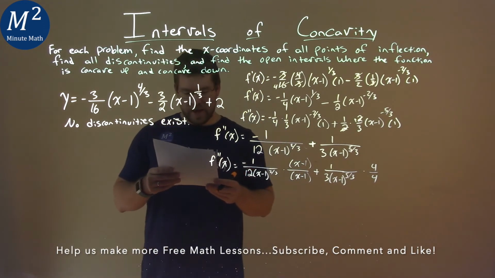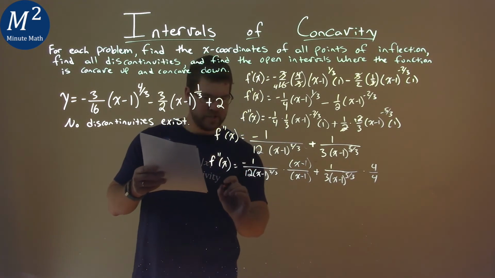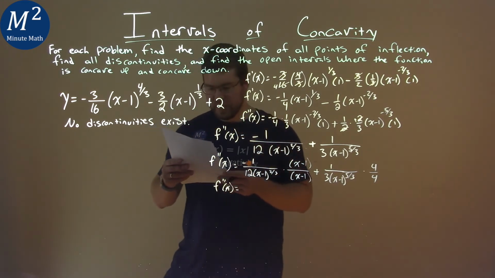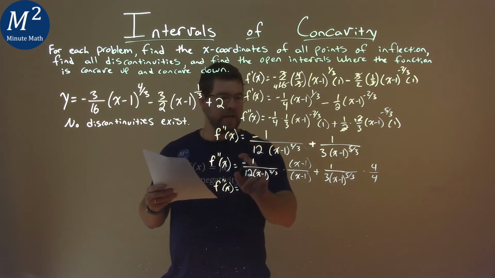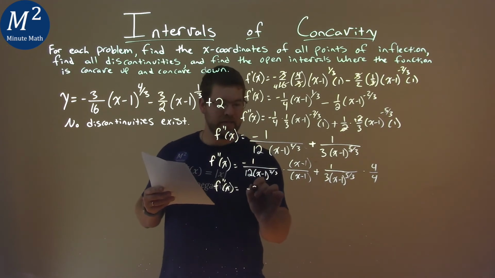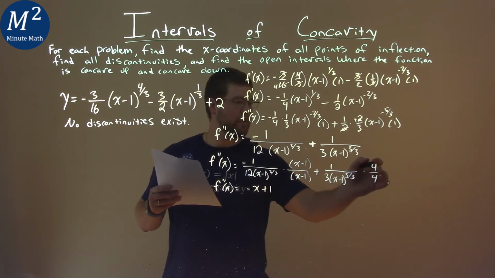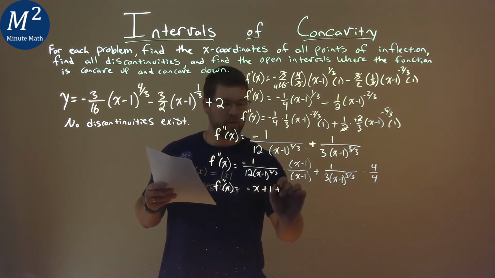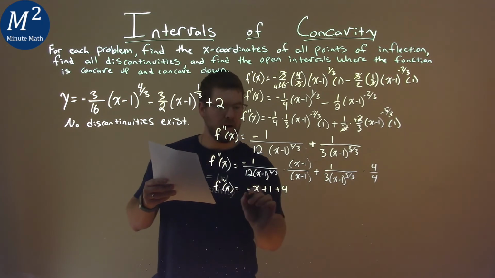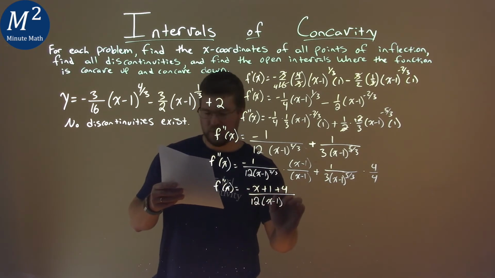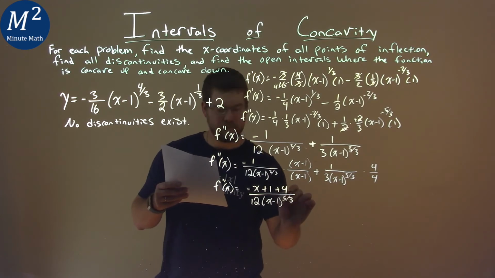So we can write this as one big old fraction now, f double prime of x here. And that comes out to be negative 1 times x is a negative x. Negative 1 times a negative 1 is a positive 1, plus 1 times that 4 is going to be the numerator. We have plus 4 here. All over our denominator, which is just going to be 12, x minus 1 to the 5/3 power.